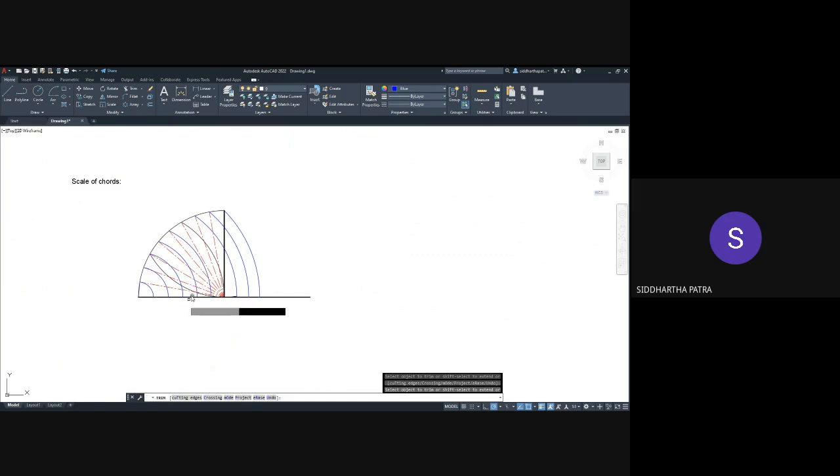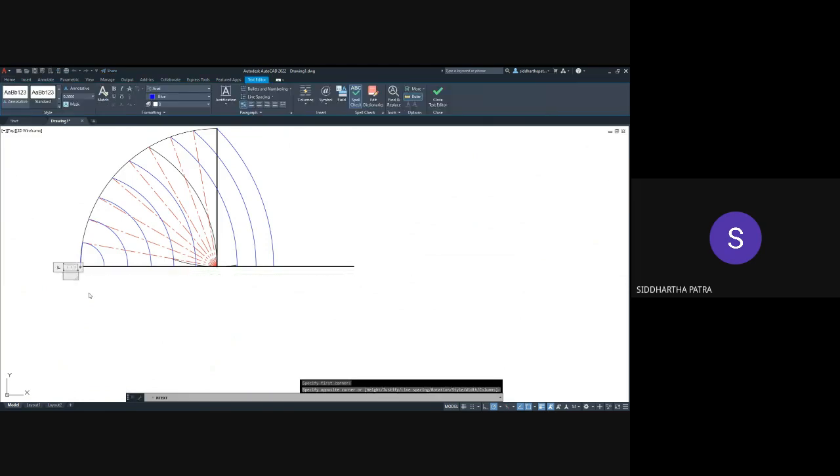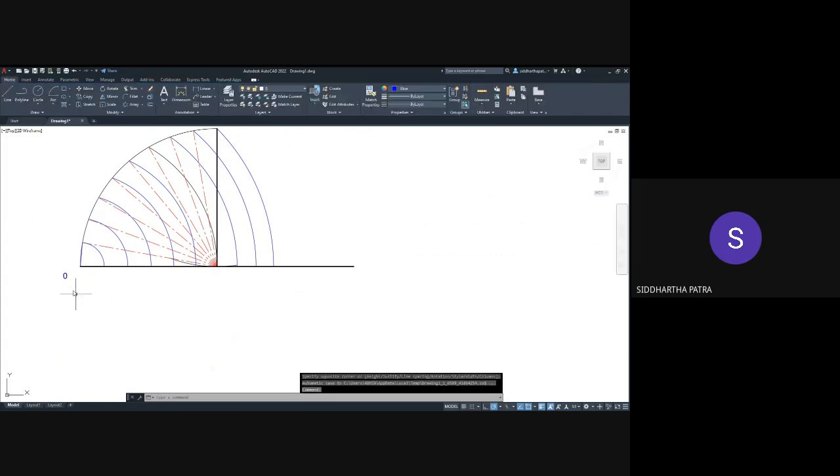Okay, so this is what it would look like. So note how the different degrees are not equally apart. So if I now label those, so this is 0 degree.